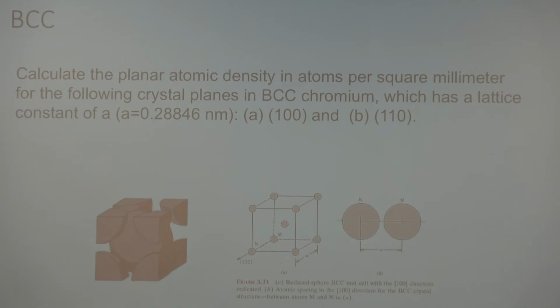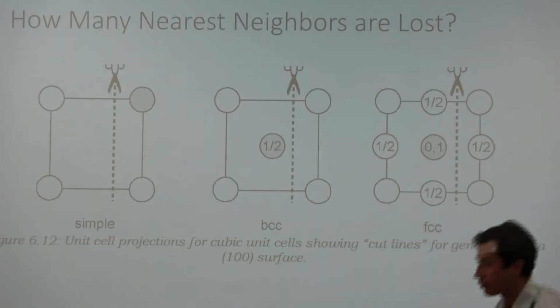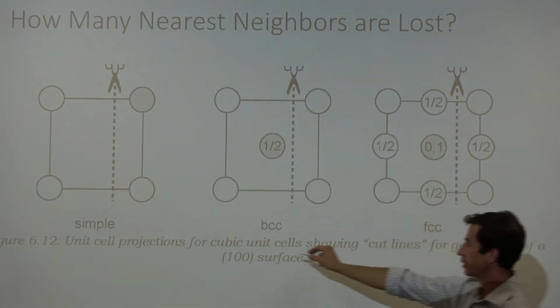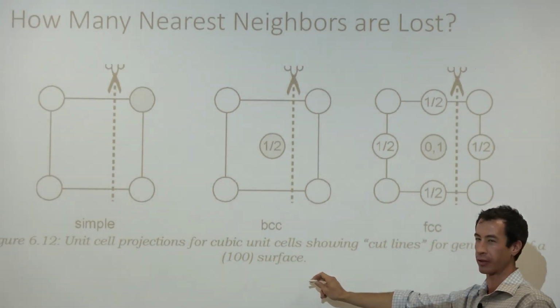So how many broken bonds for BCC for 111 plane? Didn't we decide that was 4? Oh, that was for SC. 4 is for 100. Yeah, but I think it's also the same for... So for BCC 100, was that your question or 110?